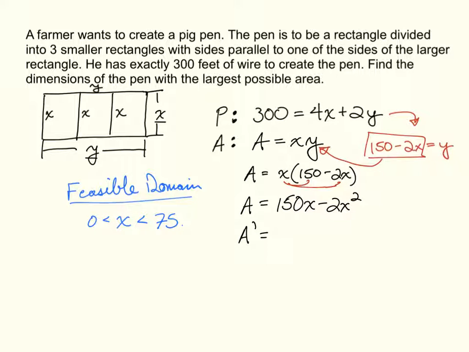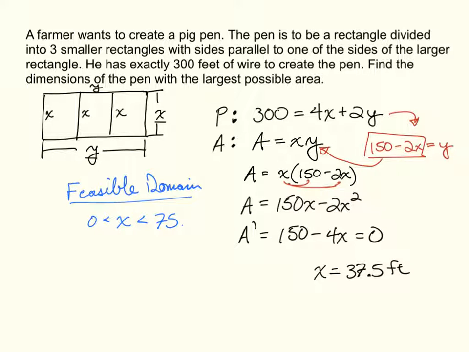The derivative of the area is 150 minus 4x. And if you set this equal to 0 and solve for x, you will see that x equals 37.5 feet. So 37.5 feet will be the length of each of these sides.